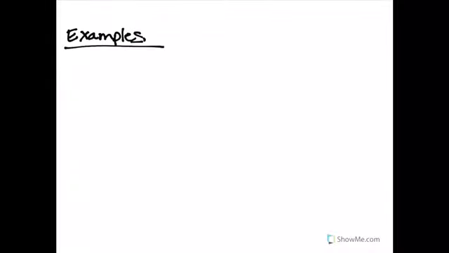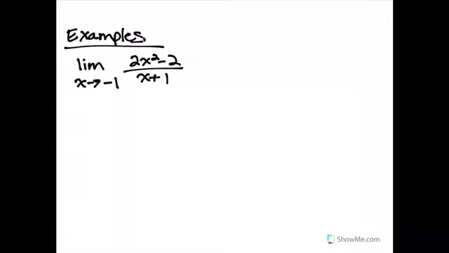So let's go back to those first two examples I gave you and do it this way. So the first one we looked at was the limit as x goes to -1 of 2x squared minus 2 over x plus 1, and we factored it, and we saw it was -4. Well, we also saw it was 0 over 0 before we did that, so that means I can do L'Hopital's on this.